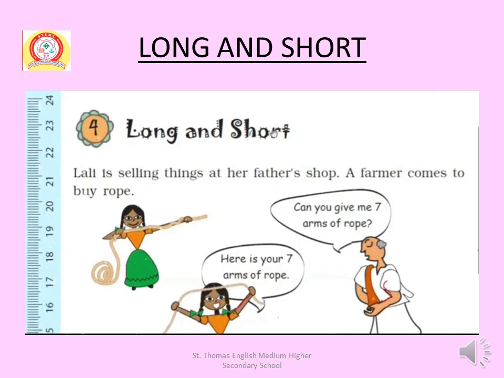Here, Lali measures the rope with her arms. But when the farmer measures the same rope with his arm, it comes to 6 arms. Why 6 arms? Because Lali is a small girl and her arms are shorter than the arms of the farmer.